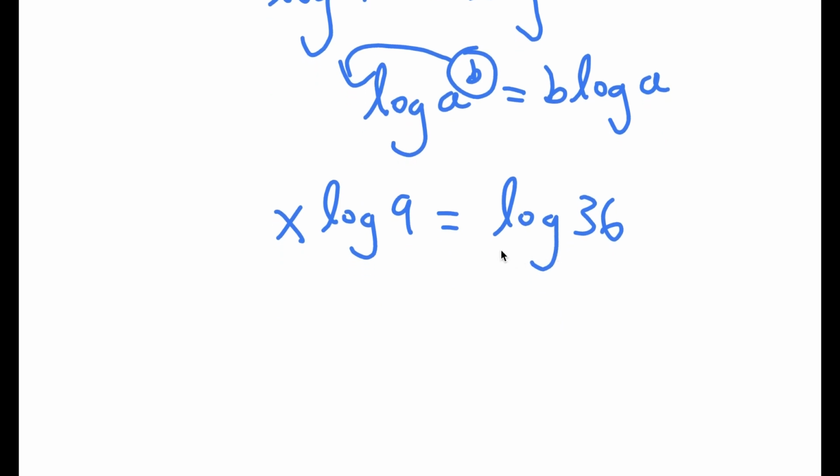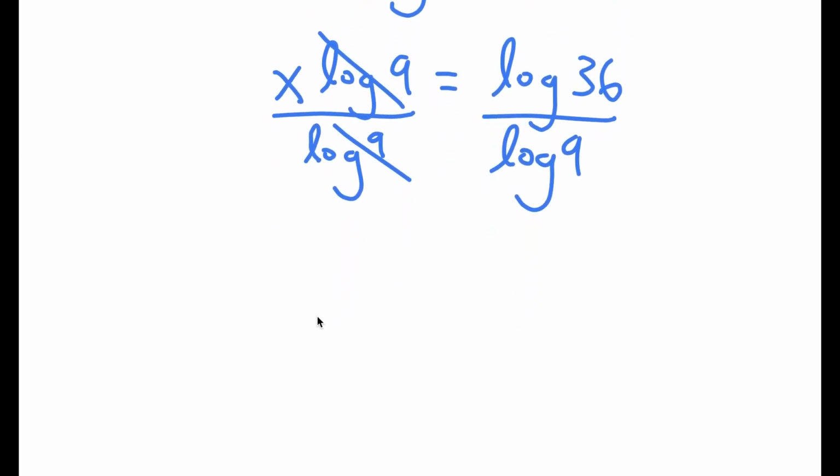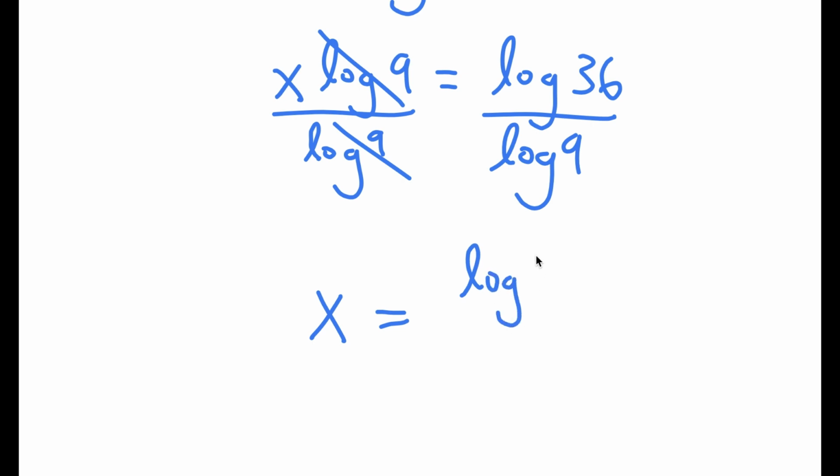So now what I'm going to do is divide both sides by log 9 so we can isolate x. So now I have x times log 9 over log 9 is equal to log 36 over log 9. So then these two log 9s simply cancel out, and I have x is equal to log 36 over log 9.